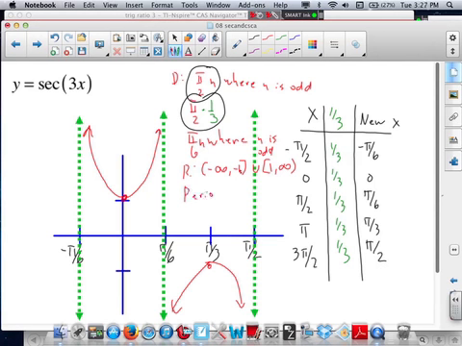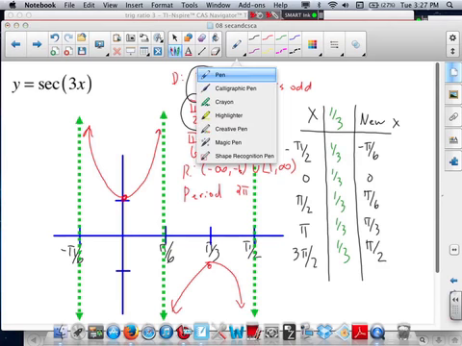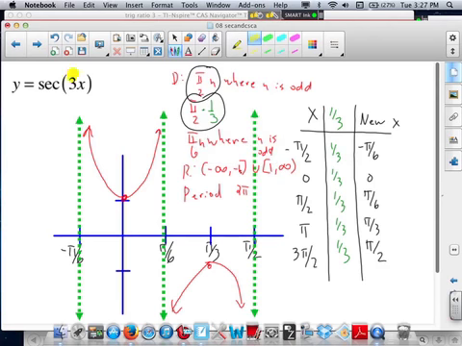My period for this one is like the shortcut for period for sine and cosine. I'm going to take 2 pi and I am going to divide that by the number in front of x. So when I divide that, I'm going to divide that by 3, and that'll give me the period of this function.